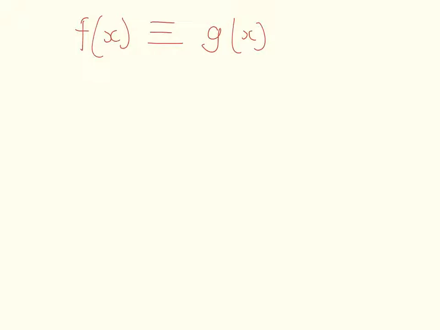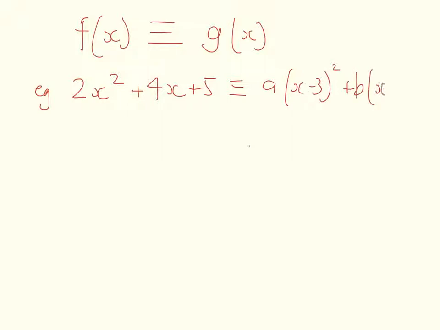Now, the way these questions normally present themselves is that we end up with two different forms of a quadratic. For example, we end up with 2x² + 4x + 5 as one form, and the other form is a(x − 3)² + b(x − 3) + c.